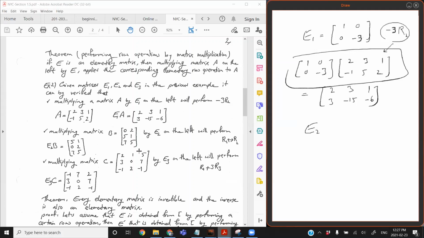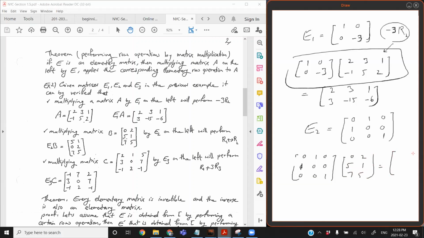I want you to multiply E2, which is 0, 1, 0, 1, 0, 0, 0, 0, 1, and B, and see what happens. B is given to be 0, 2, 5, 1, 7, 5. Do this multiplication and see what happens.